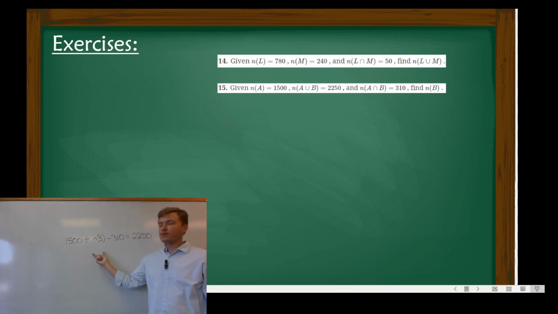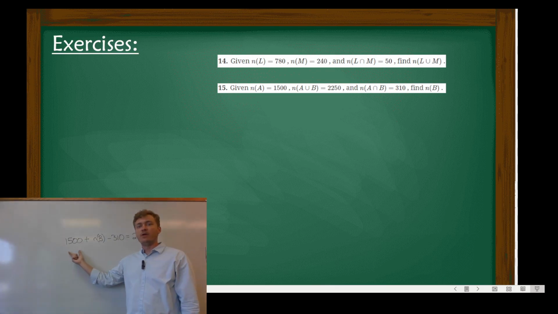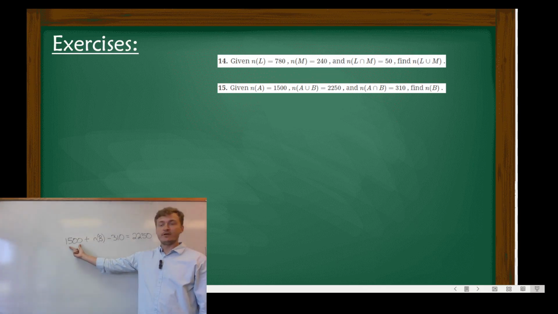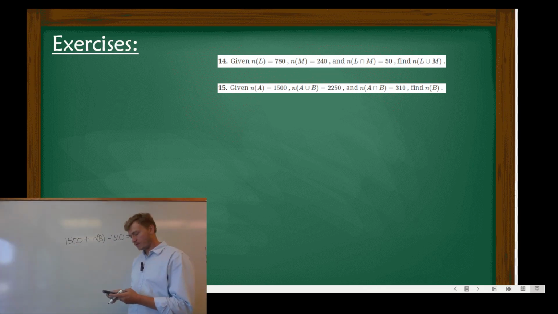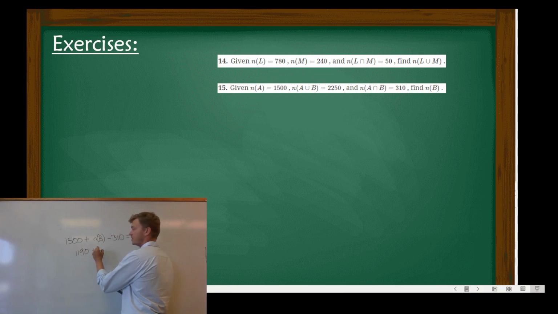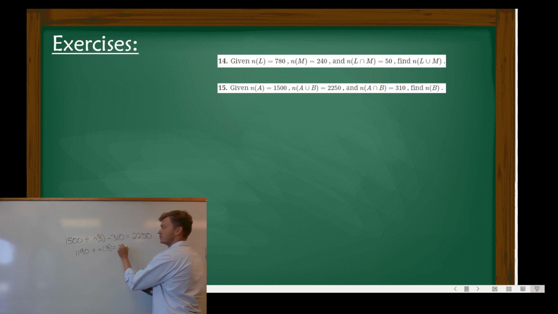An example here that we can relate back to our early algebra days, pre-algebra. In order to solve for this unknown here, I can take 1,500, subtract 310. 1,500 minus 310 is going to be 1,190. And that's positive, so we'll add that to the sum for n of B, and this equals 2,250.